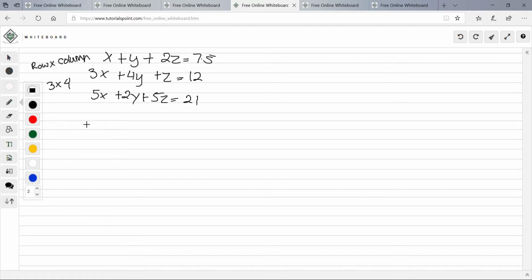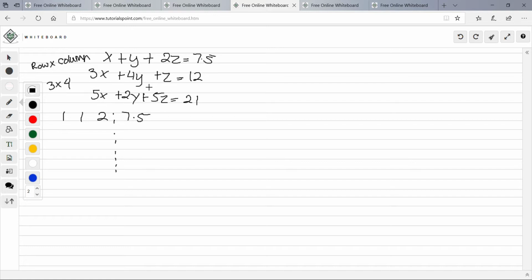So we look at this equation. How do we put in the coefficients? This is a 1, this is a 1, this is a 2, and this is going to be 7.5. So it's going to look something like this: 1, 1, 2, and then the dash, 7.5. What about this part?